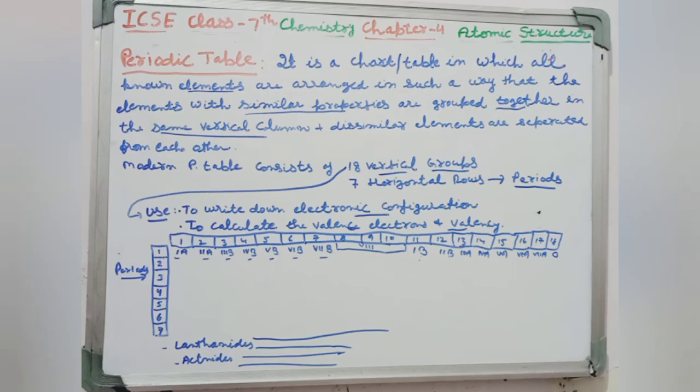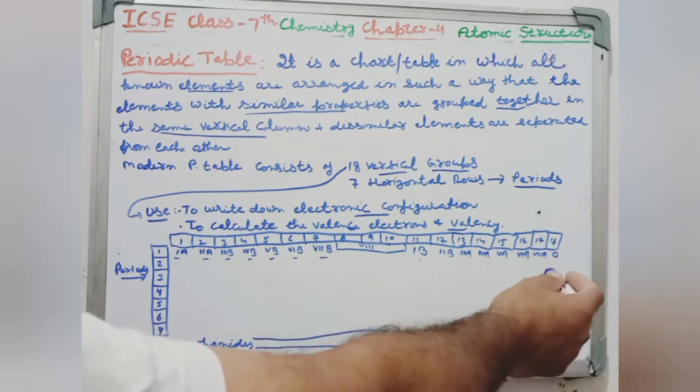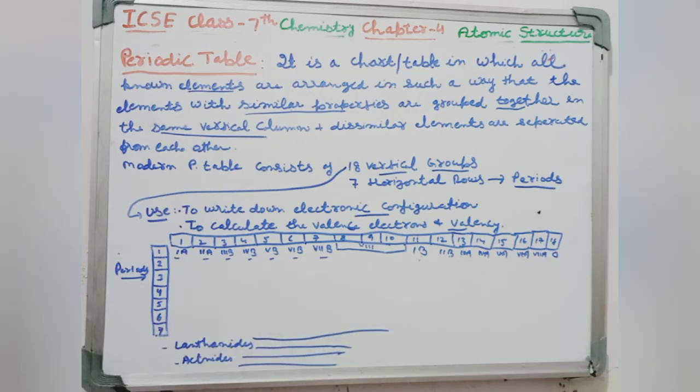Here you are only to understand the structure of the periodic table. Why lanthanides, actinides are there, why this has been given 0, why these 7A belong to inert gases, you have to only understand the structure of the periodic table and its importance.